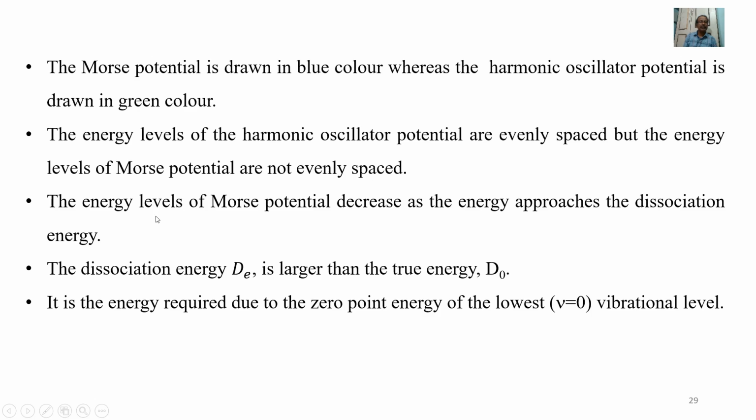The spacing decreases as the energy approaches the dissociation energy, which is the maximum energy. The dissociation energy De is larger than the true energy D0, because of the zero point energy of the lowest vibration level, nu equals 0.